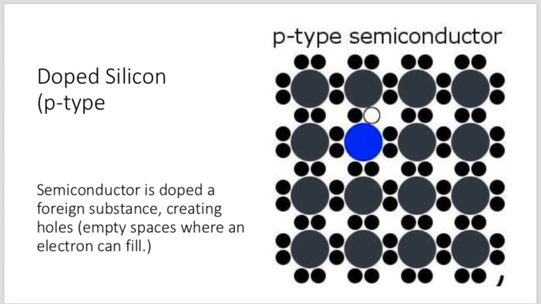And so this creates what we call a hole, basically. There's a space for another electron, right? So this hole needs to be filled up. They're going to try and find another electron to fill up this empty space.